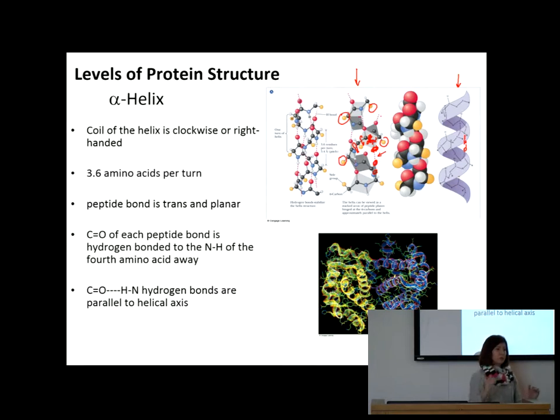You put the pole in the middle, so that's the axis of our spiral staircase or alpha helix. Your hydrogen bonds are aligned with that pole in the middle. That means that it's parallel to the helical axis.